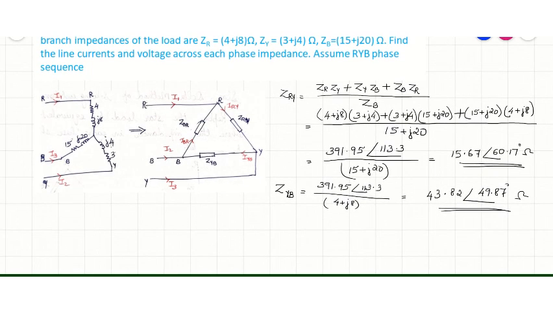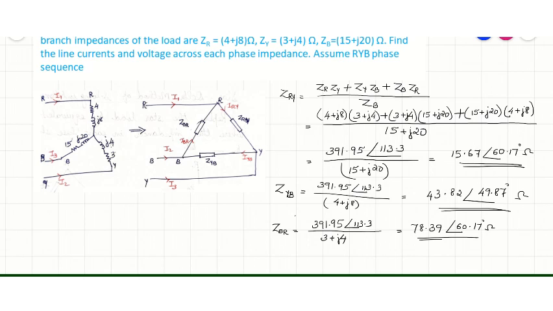Then find out ZBR, which is 391.95 angle 113.3 divided by ZY, 3 plus j4, and it will be equal to 78.39 angle 60.17 degrees.